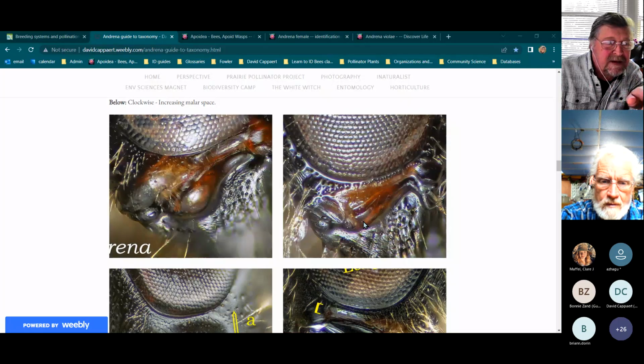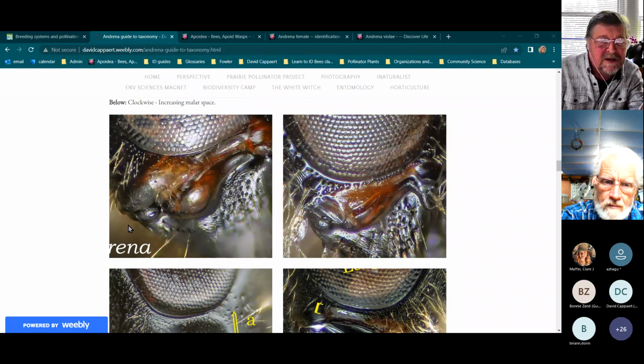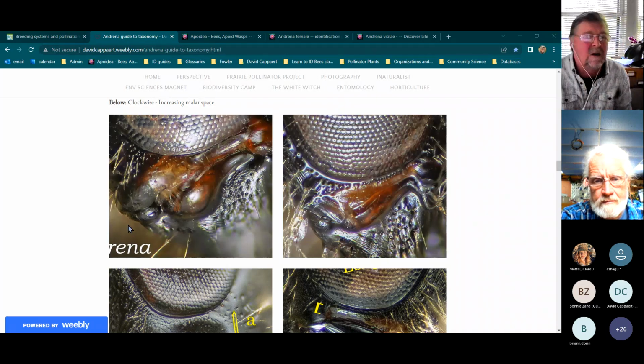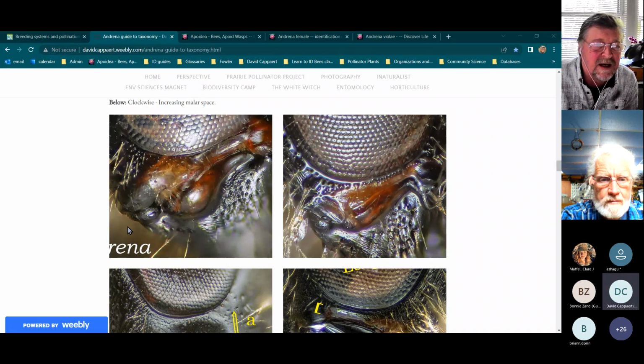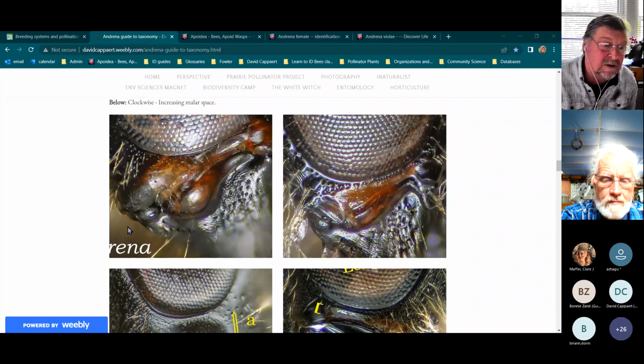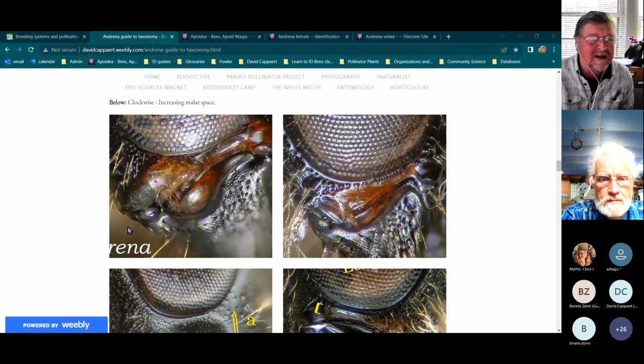And in this case, and David pointed this out, the one on the right is clearly longer than the one on the left, at least if I'm looking at it correctly. The malar space is longer. And the statistic that's always used is width: is it half as long, twice as long, three times? So it tends to be a judgment call to some extent where those lateral margins are, and you just have to feel your way.